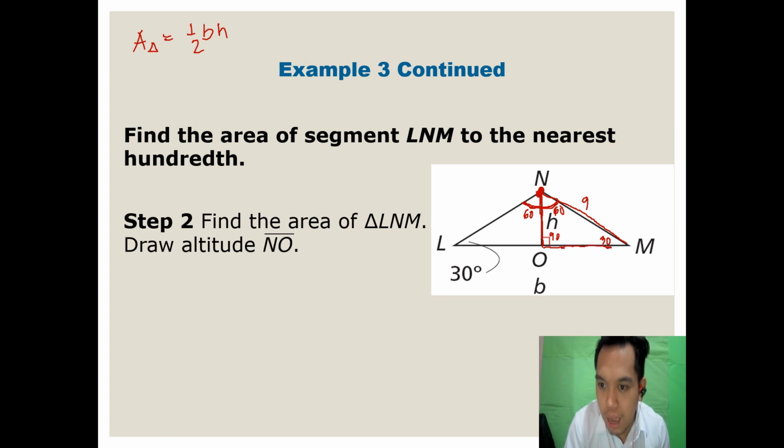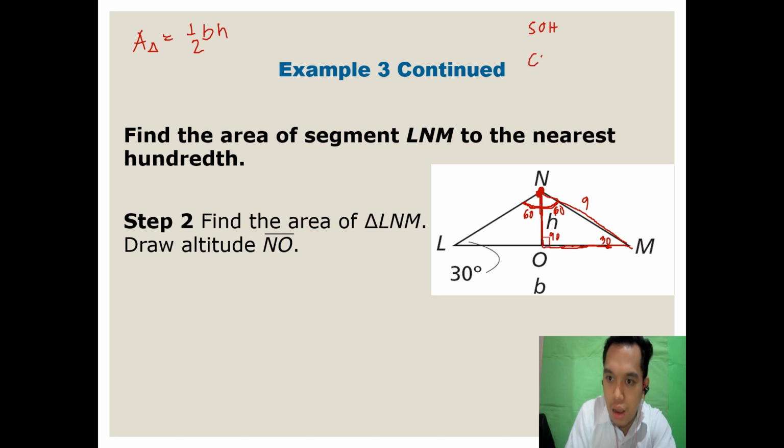At value ng ating base. So, we need to apply here the trigonometric identities, which is SOHCAHTOA. Hindi kasi natin dito ma-apply yung Pythagorean theorem, since kulang siya ng isang measure ng leg natin. So, ang magagamit lang natin dito is trigonometric identities, yung SOHCAHTOA.